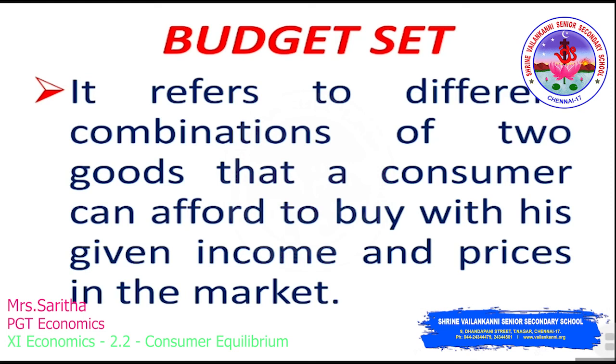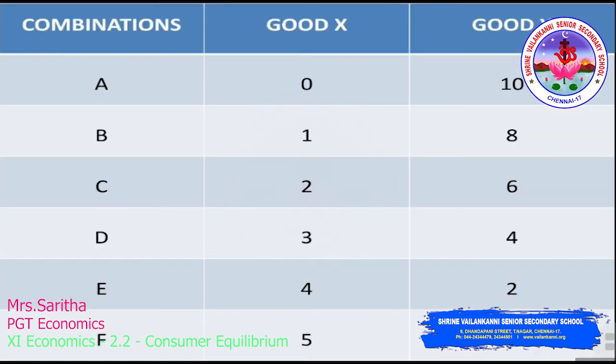It includes combinations of good X and good Y from A to F. Good X: 0, 1, 2, 3, 4, 5. Good Y: 10, 8, 6, 4, 2, 0. We'll be calling it a budget set.